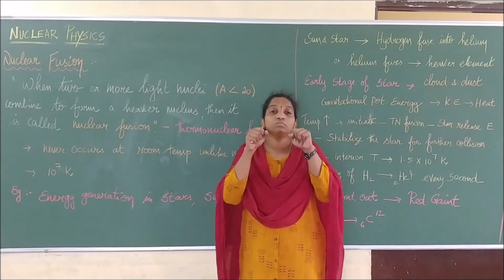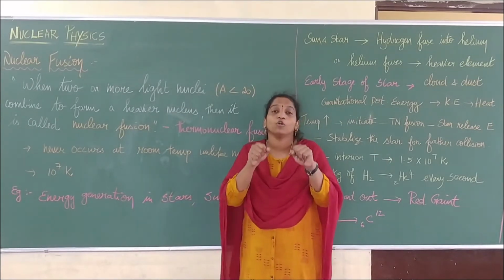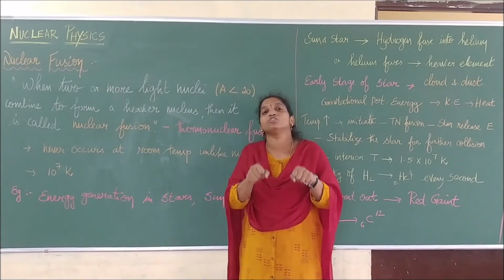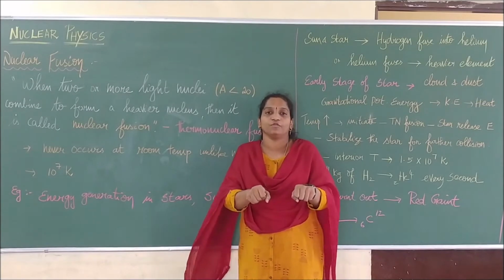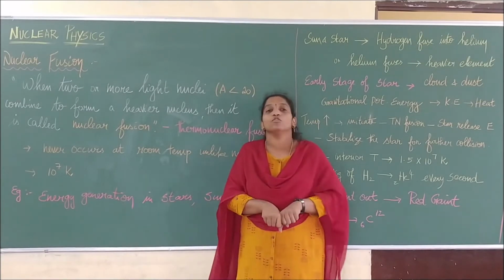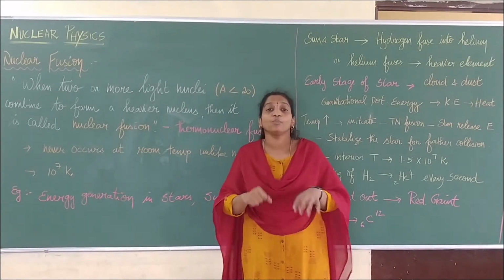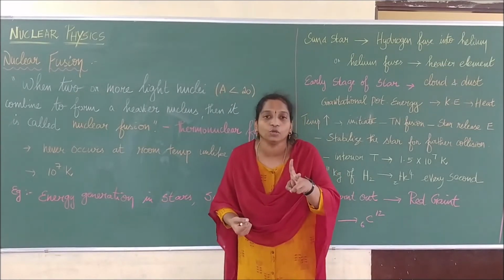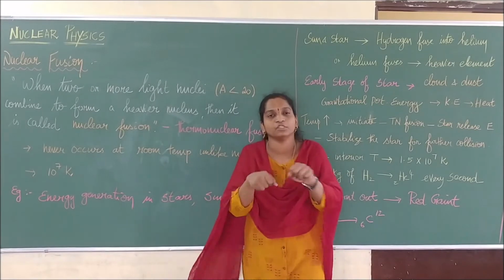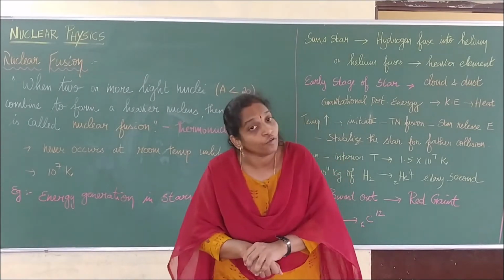To overcome this repulsion, we have to provide a high kinetic energy to these two lighter nuclei, to overcome the strong repulsive force due to the repulsion of the nuclei.